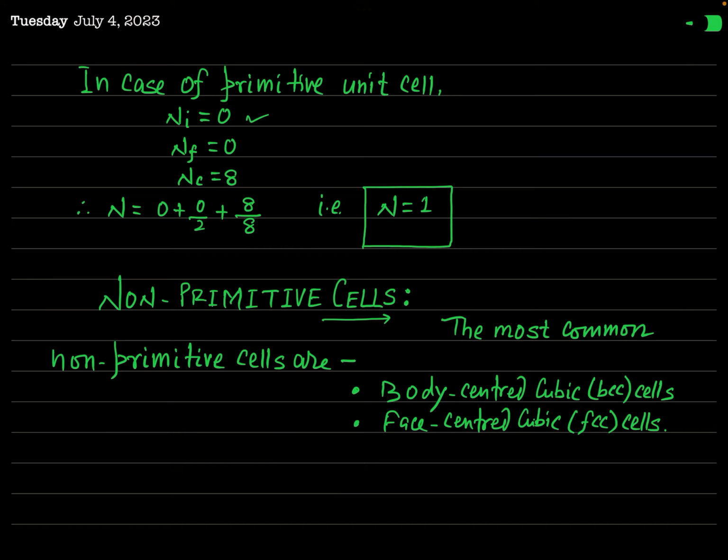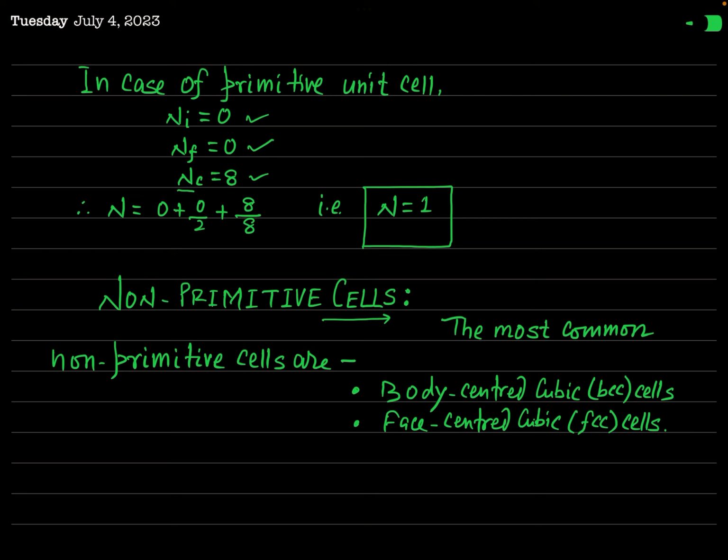Similarly, there will be no lattice point at the face, so Nf will also be 0. But since there are 8 corners and at each corner there is a lattice point, the number of lattice points at the corners, which I have represented by the symbol Nc, will be equal to 8. And that lattice point is shared among 8 unit cells.